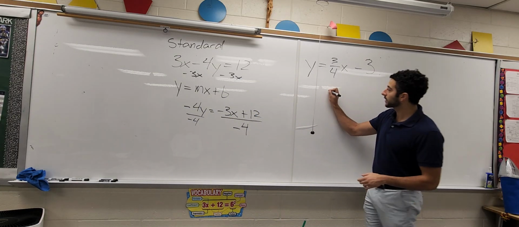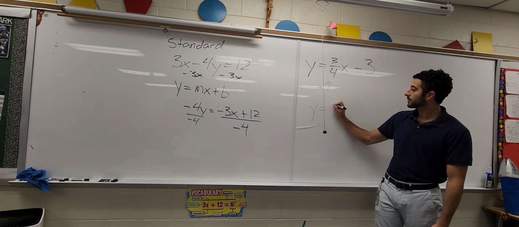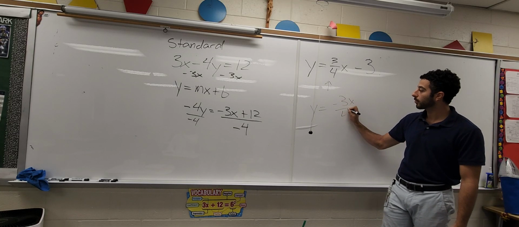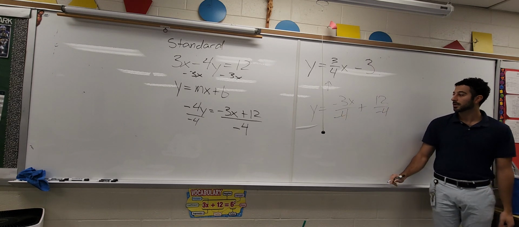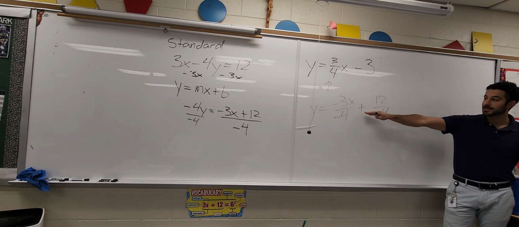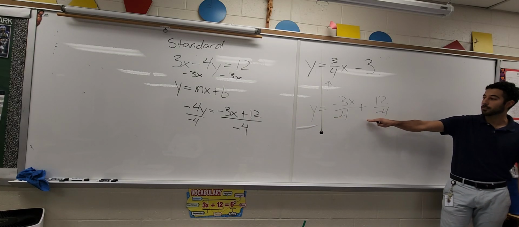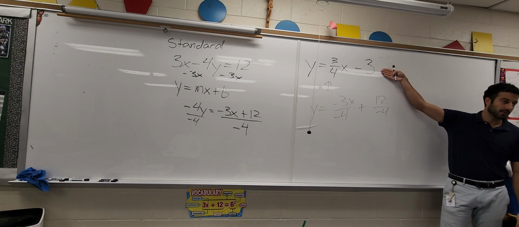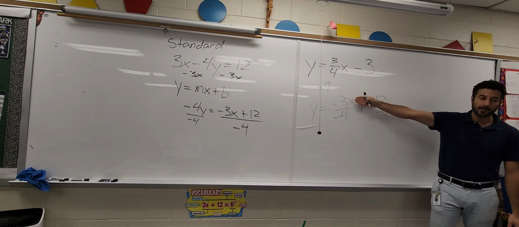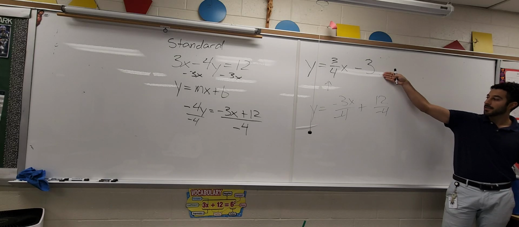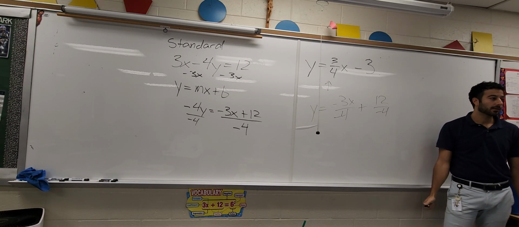But maybe before you get here, you want to put it into y equals negative 3x over 4 plus 12 over negative 4. Sorry, that's a negative 4 there also. Because I'm just dividing both of the terms by negative 4, which is what's happening here. But here it's broken down one step further before we finally get here. Does that make sense? Negative 3 over 4 simplifies to a positive 3/4. Negative divided by negative is a positive. And then 12 over negative 4 is going to be negative 3.